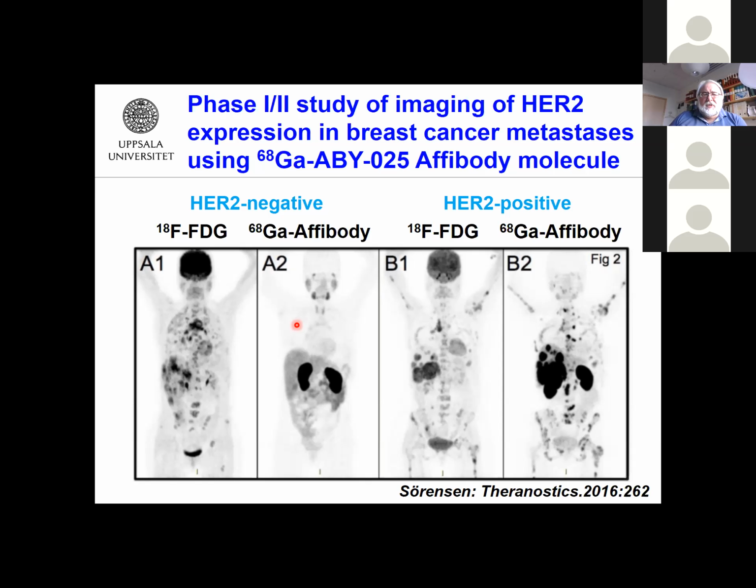First and foremost, the word HER2 negative, it's deceptive. In fact, HER2 negative breast cancer could express up to 500,000 receptors compared to HER2 positive, it's probably an order of magnitude higher, 3-5 million receptors.